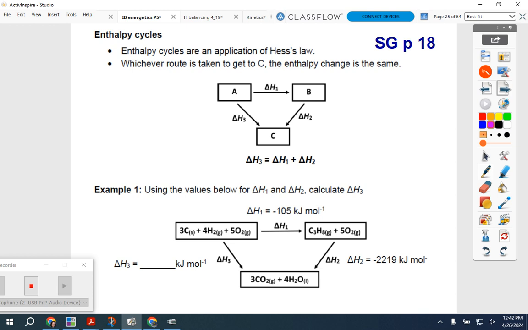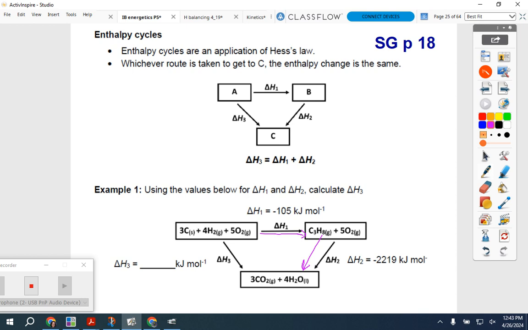And we know the enthalpy of the reaction where we burn that propane with lots of oxygen to make carbon dioxide and water, the products we eventually want. So we take the sum of this enthalpy and this enthalpy, and it will equal this. We're just adding them up. The key here is that we can add them just as they are, negative 105 plus negative 2219, because we are traveling in the same direction that the arrows are going.